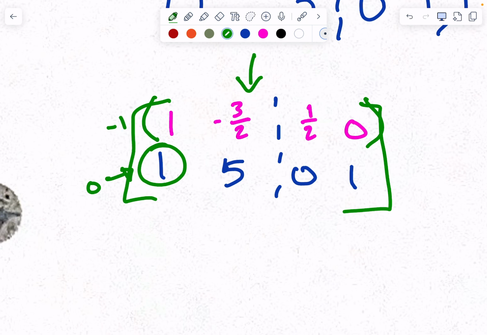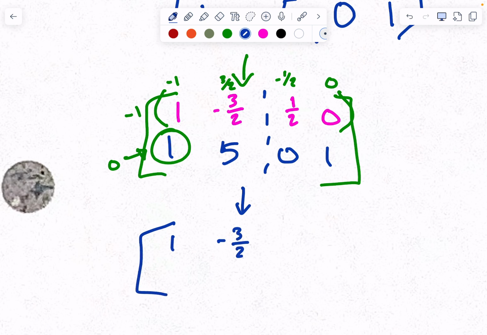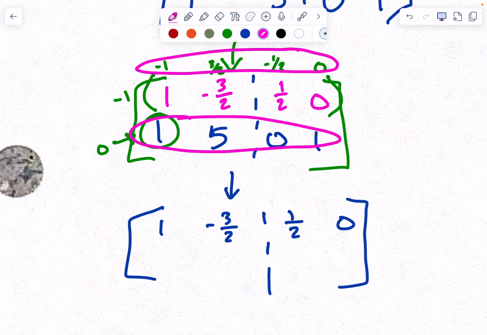I'm going to do that at the top. So 1 times -1 is -1. -1 times -3/2 is positive 3/2. This will be -1/2, and this will be 0. Now, that top row is going to stay 1, -3/2, 1/2, and 0. But that bottom row, we're going to add those together. So this green row and this row, if we add those together, 1 and -1 is 0.